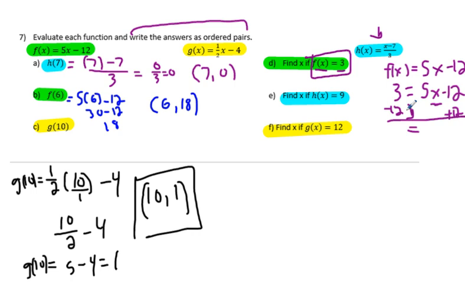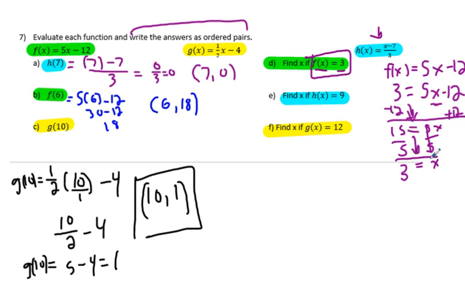Bring down my equal sign. And 3 plus 12 is 15. That's equal to positive 5x. I'm going to divide both sides by 5, because that's what's being multiplied by x. Bring down my equal sign. These cancel each other, and I'm just left with x on the right hand side. On the left hand side, 15 divided by 5 is 3.